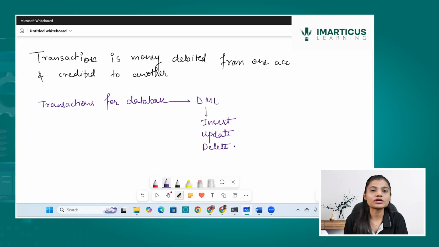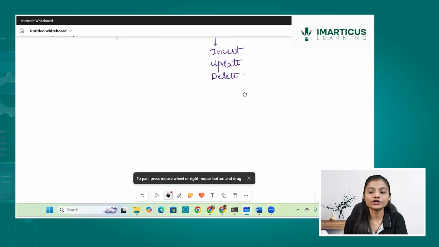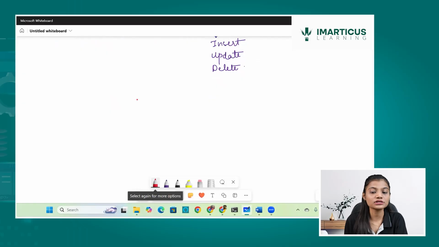Now, in these transaction related properties, what is the principle we need to know and how are we going to maintain it in the real world? There is a property known as ACID properties which governs transactions.